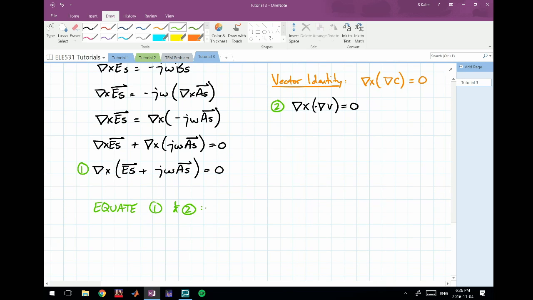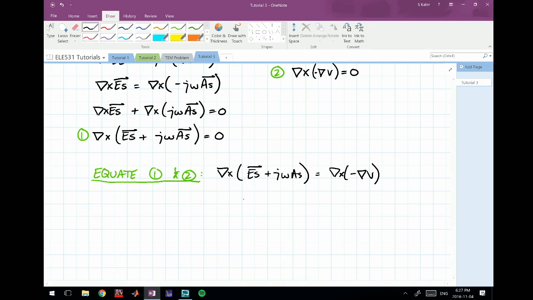So if I equate 1 and 2, then I get that the curl of (Es plus jωAs) is equal to the curl of minus the gradient of V. And so now if the curls are equal, that means the two things inside the curls must also be equal.